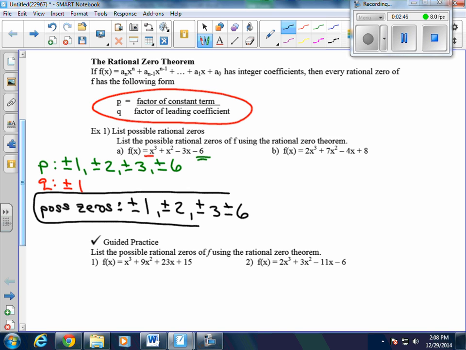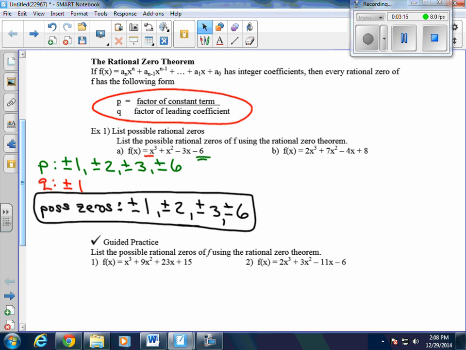And so all the possible zeros are right there. The reason is that if we take 1 divided by 1, we get 1. 2 divided by 1, we get 2. 3 divided by 1, if we divide by 1, it doesn't change anything. So there are my possible zeros. Now, what the possible zeros are going to tell us is what are the possible numbers we should use when we're doing our synthetic division, when we're trying to factor these.